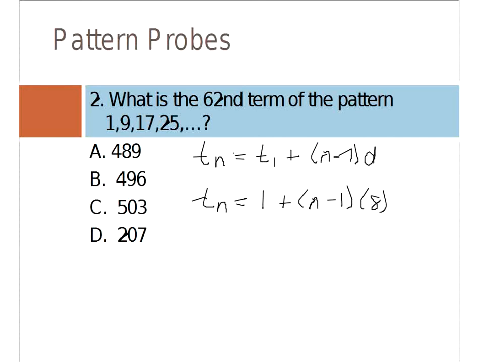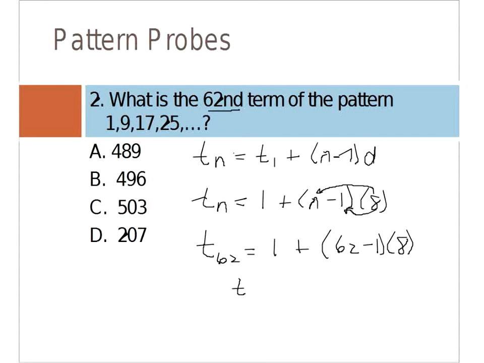And so last class we talked about how you would have to multiply this 8 out. And I'd certainly still want you to do that if I asked for the equation. But here I'm just asking for the 62nd term. So what we're trying to solve for is when n equals 62. So why bother simplifying it now if all I want is a numerical answer?